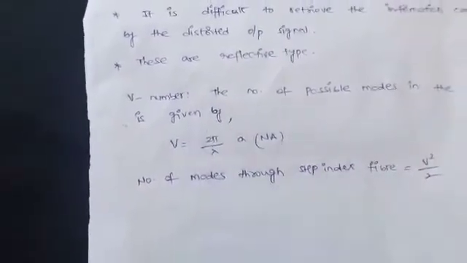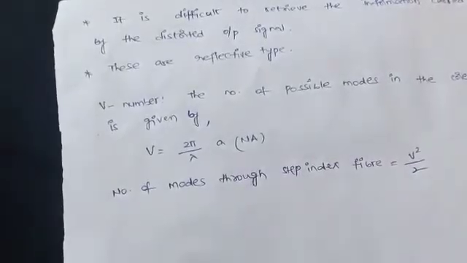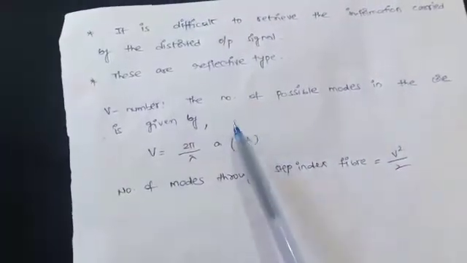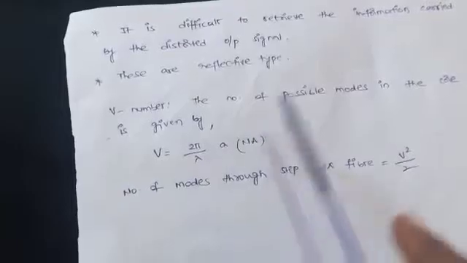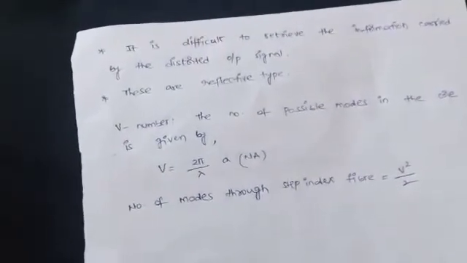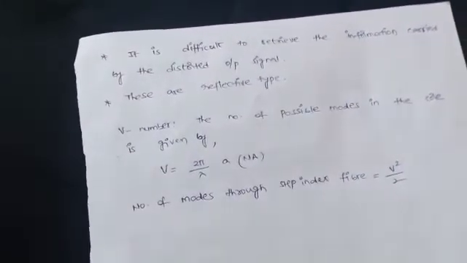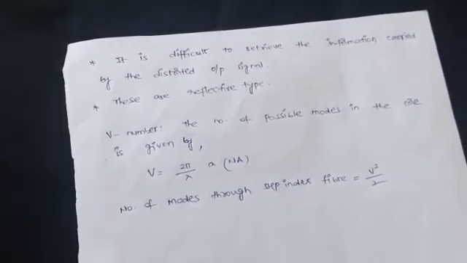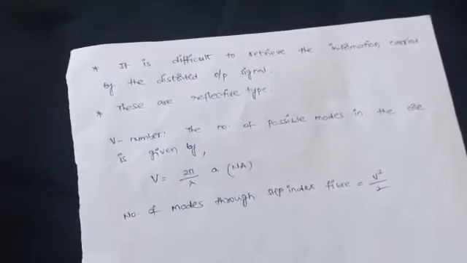Next, one more very important parameter, that is V number. V number means the total number of possible modes in the core is given by V number. So if you know the numerical aperture and radius of the fiber, we can easily say how many modes are possible in the fiber.